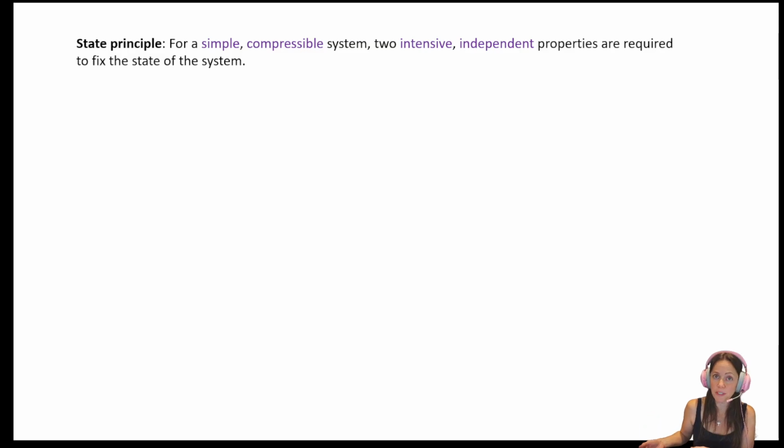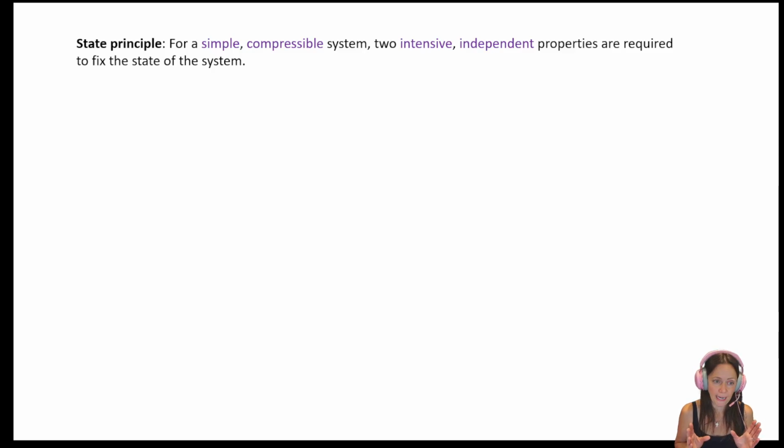So we have thermodynamic tables that we can look properties up in. We're not going to pull properties out of our tables yet, but let's introduce that concept. Before we get there, we need to know how many properties we need to know where to go in those tables. That's given by our state principles.